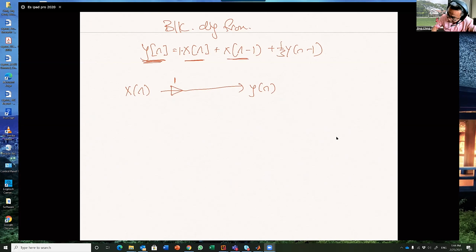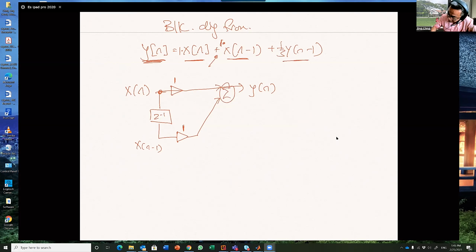What about this one? It's again multiplying by 1, but it is being delayed by 1 sample. So this is x[n-1]. Again, the multiplier is 1, and then we sum. So the block diagram is very easy to draw if you follow it step by step.